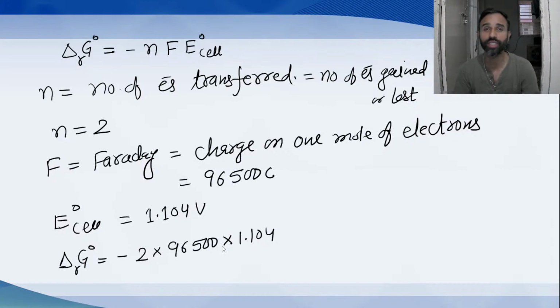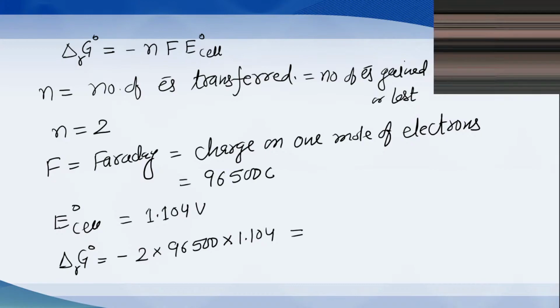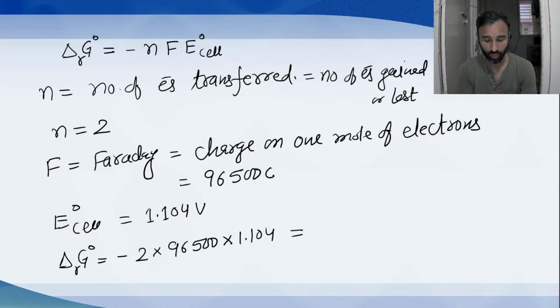Coulomb volt is joule, so the result comes in joule. The value is 2 into 96500 into 1.104, that is 213072 joule.